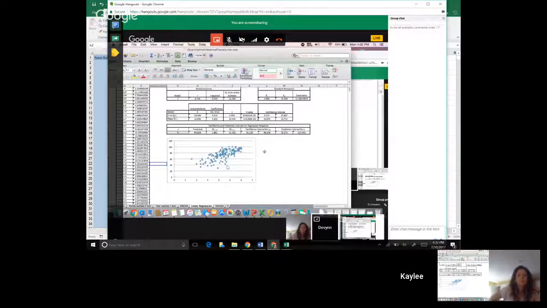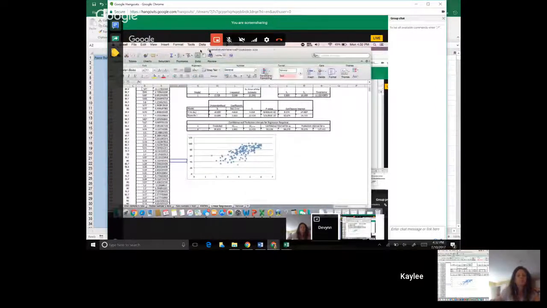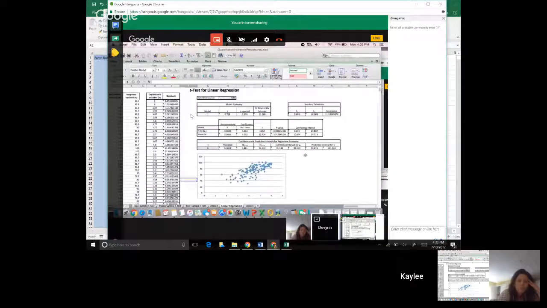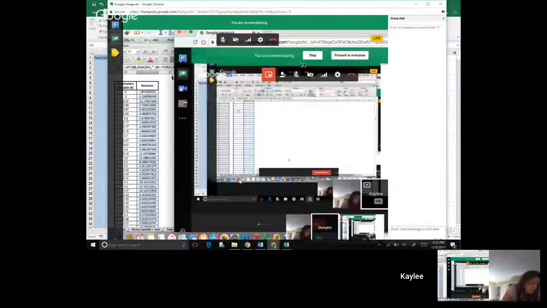Go to the QQ plot on the left, and if you scroll up to the top, it says residuals. See the column that says residuals? You copy all of that and then put it into a QQ plot document. Gotcha. For some reason I thought that was it, but that makes sense. Yeah, that's just a scatter plot.